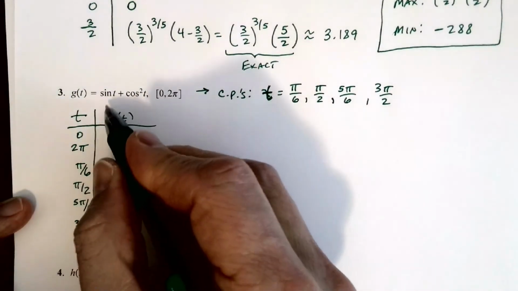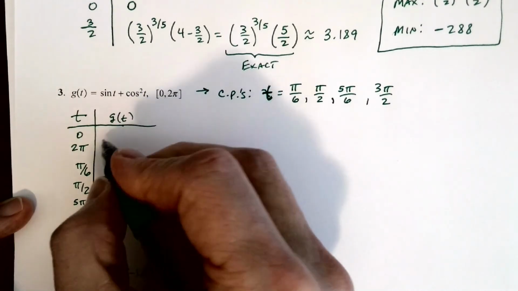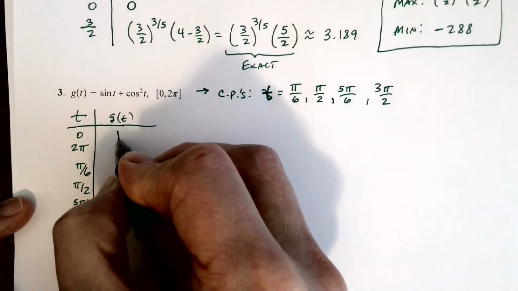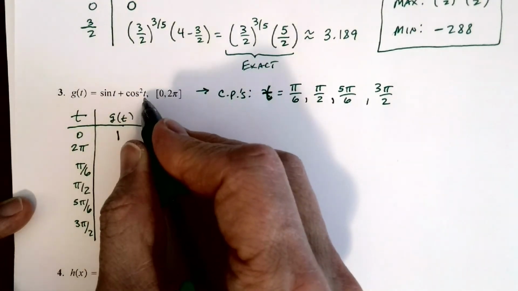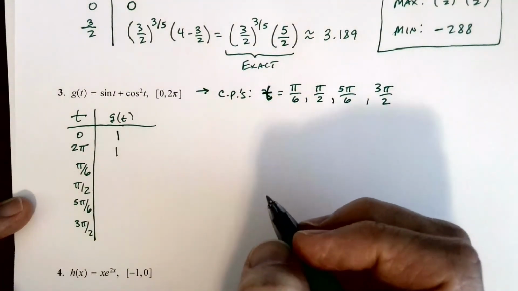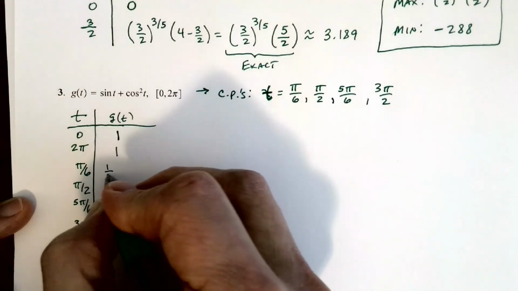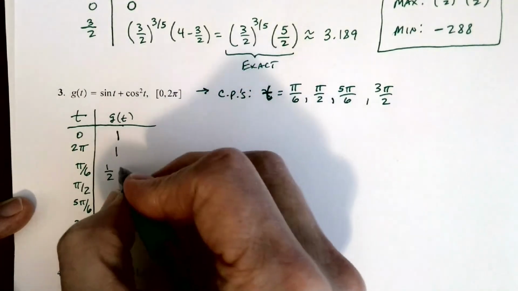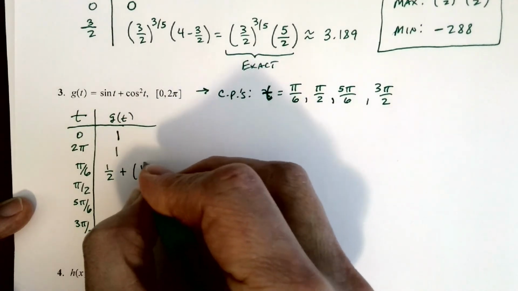Alright, let's see at 0. Well, sine of 0 is 0, cosine of 0 is 1, 1 squared is 1, 0 plus 1 is 1. Sine of 2 pi is 0, cosine of 2 pi is 1 again, 1 squared is 1, we get 1. Pi over 6, sine of pi over 6 is 1/2, plus cosine of pi over 6 is the square root of 3 over 2.